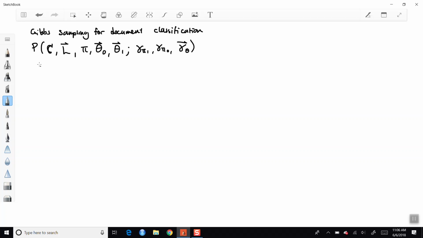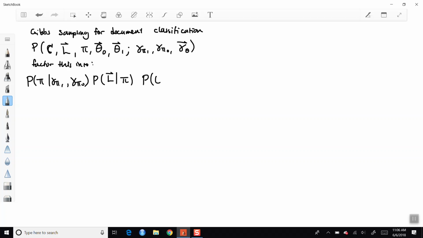Okay, and we factor this into the probability of pi given gamma pi 1 and gamma pi 0, this being a beta distribution. And then we've got the labels drawn from a Bernoulli distribution with parameter pi.